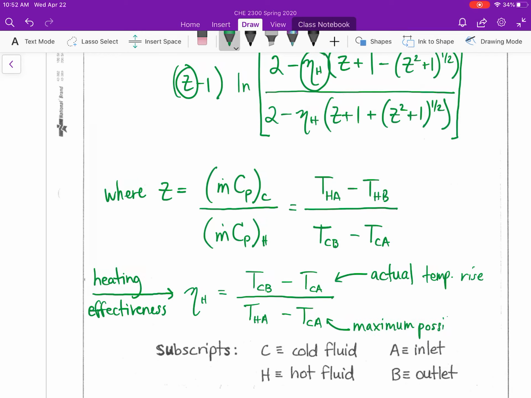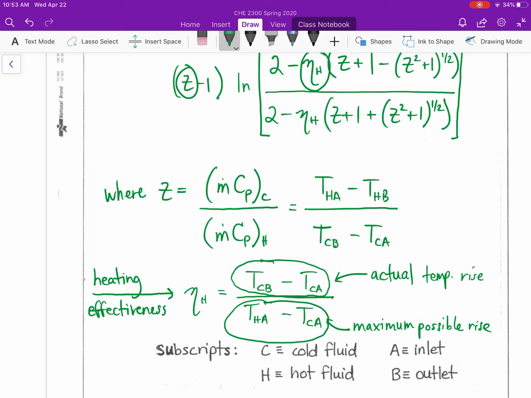So again, the numerator here is the difference between the temperature of the cold stream leaving the heat exchanger and the temperature of the cold stream entering the heat exchanger, so the actual temperature rise of our cold stream, and that is divided by the maximum possible rise that we could achieve.